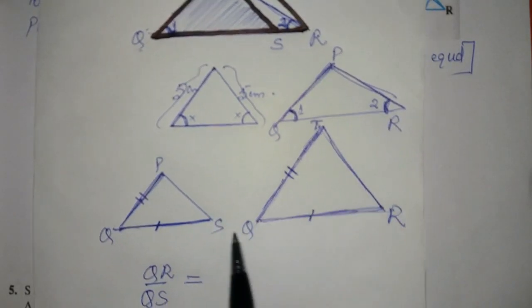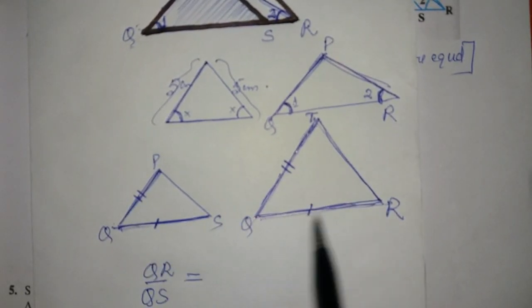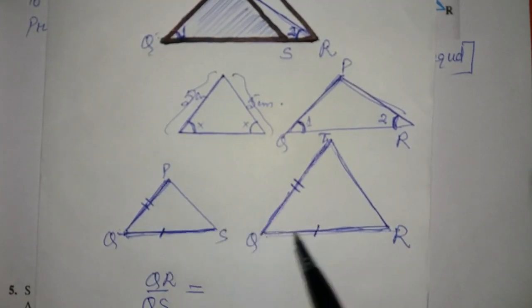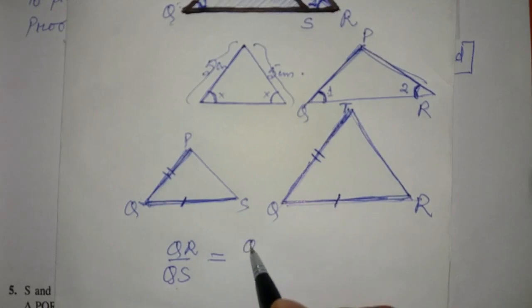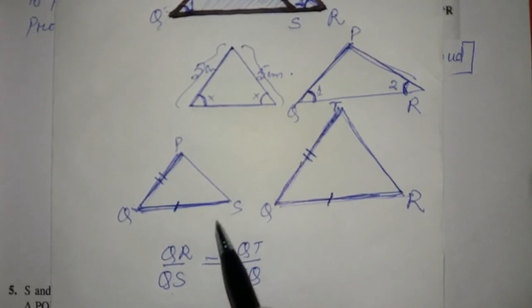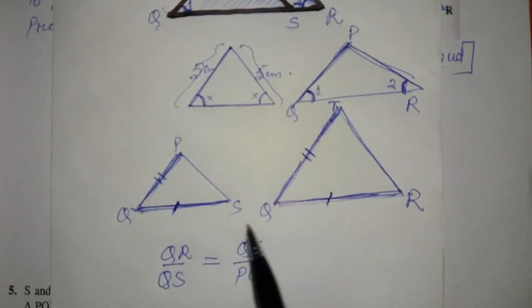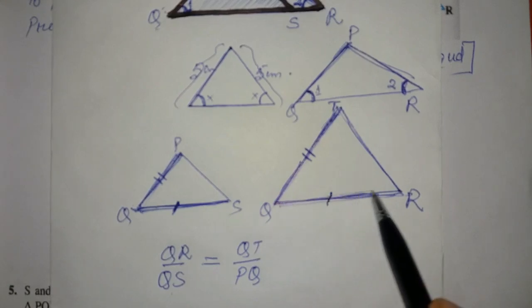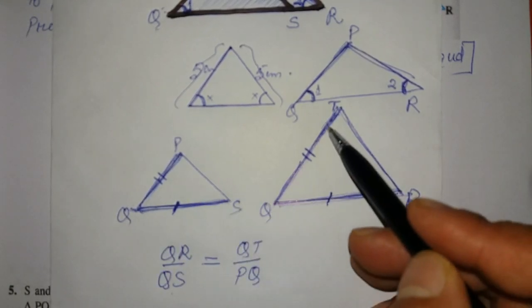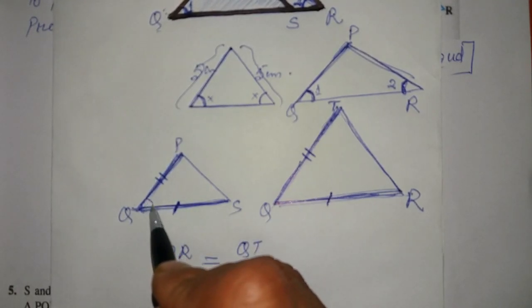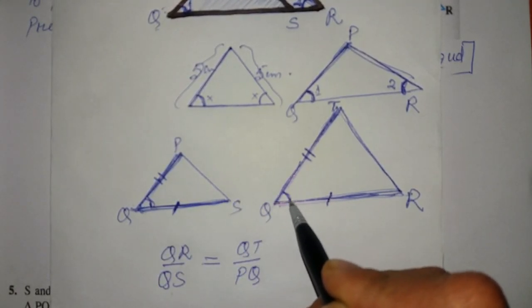So this side divided by this side is equal to this side divided by this side. So the ratio of two sides are equal now. If these two included angles are equal, then we can use side angle side.